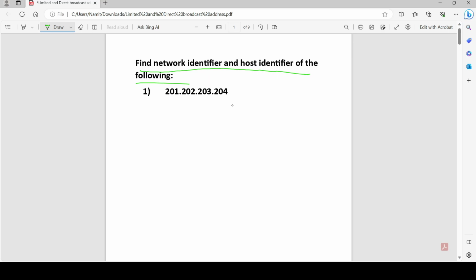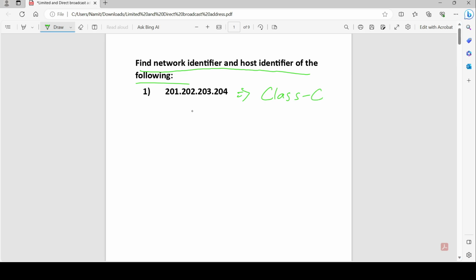Since we have studied only classful addressing till now, first I'll identify the class of this address. Please quickly tell me in the chat box what the class of this address is. Yes, Amit, correct. It is a class C address.